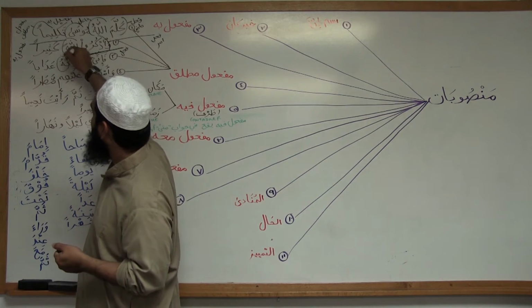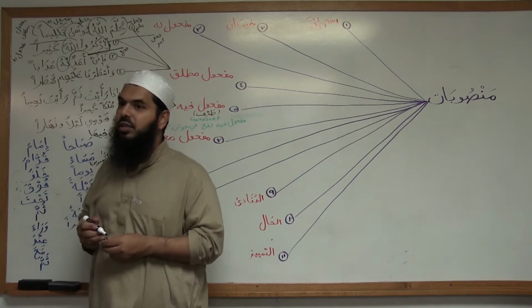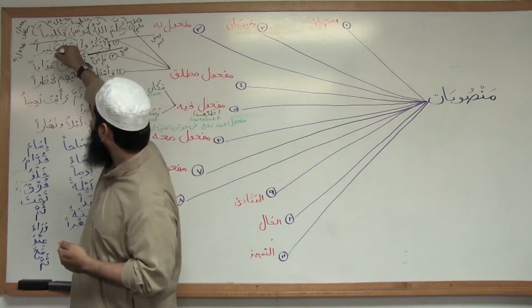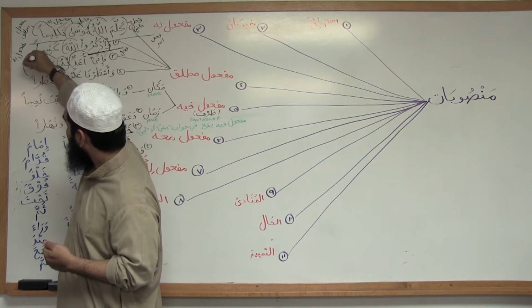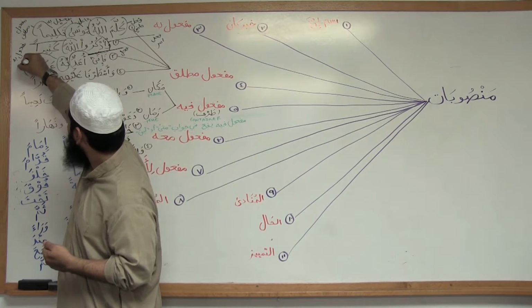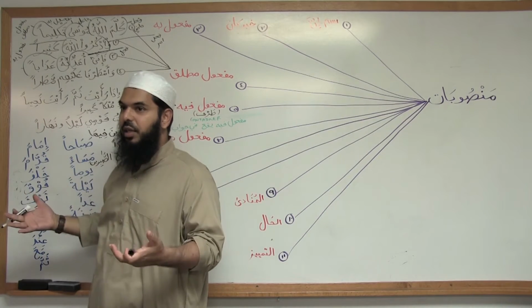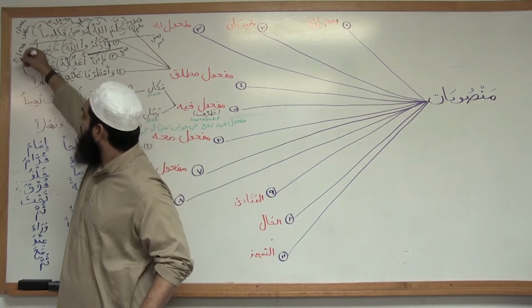Now the ـه is pointing towards مفعول به, the one who's being punished. عذابا. What is this? Oh, but أعذب would have told you the punishment already. I'm punishing them. This is مفعول مطلق.